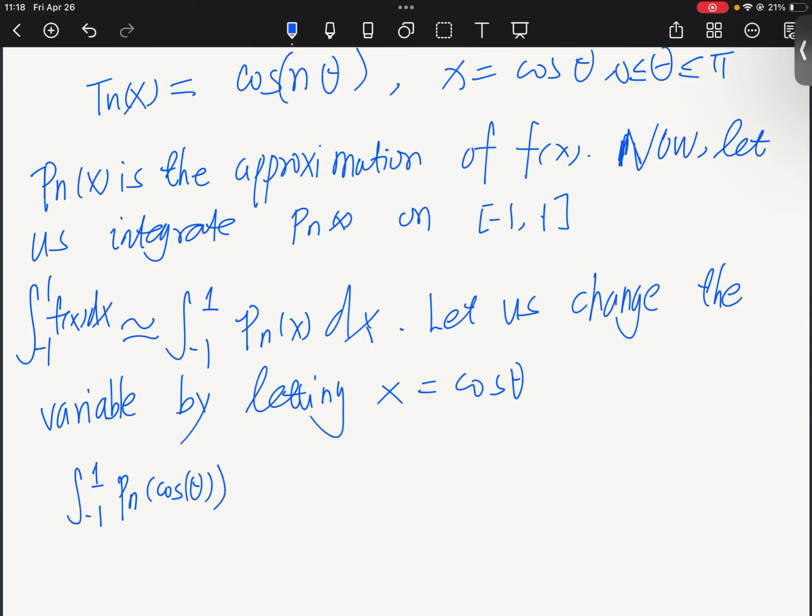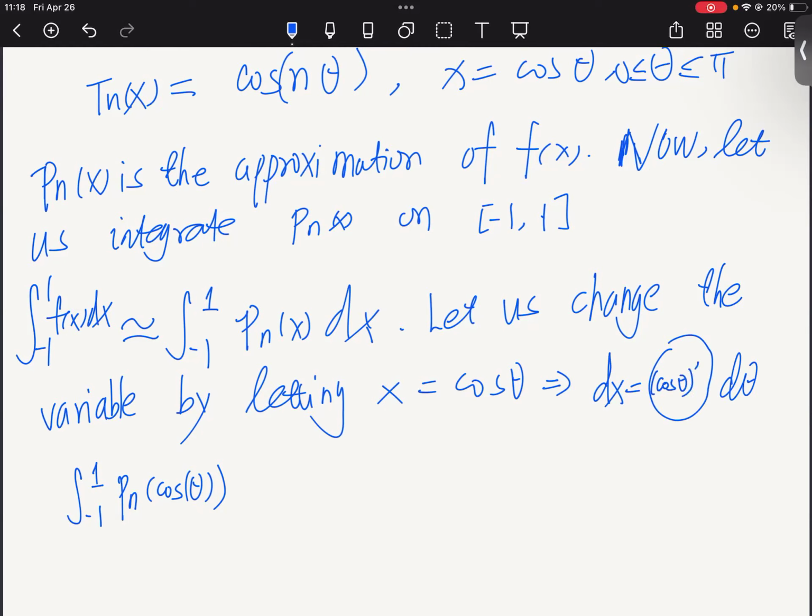Do you remember something learned in the calculus class? Because x equals cosine theta, dx equals something d theta, and this should be the derivative of cosine theta.